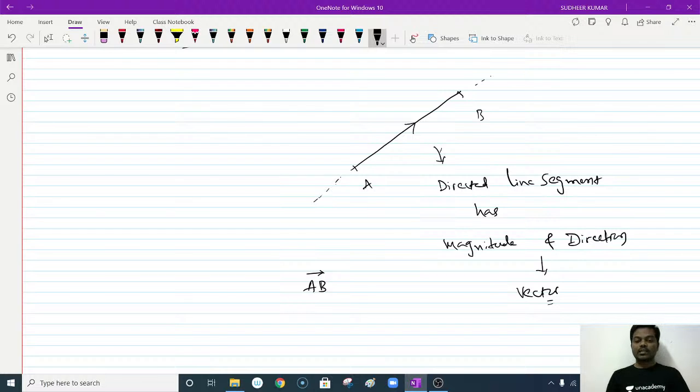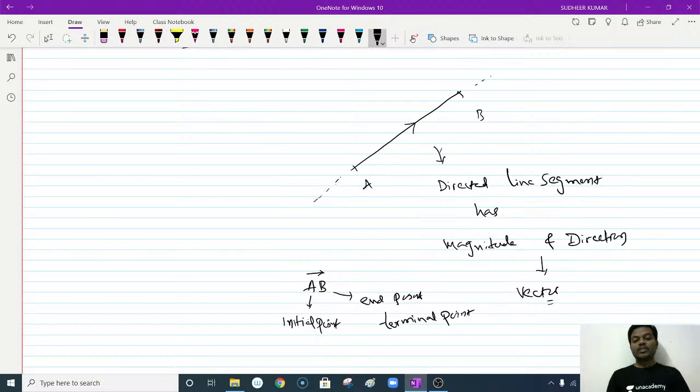In this case, A denotes the initial point, and B denotes the end point, or it is also called the terminal point, right?